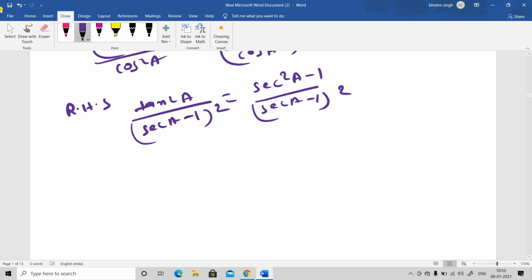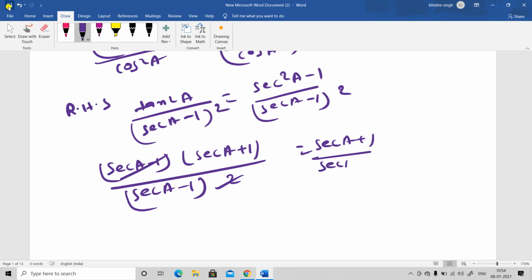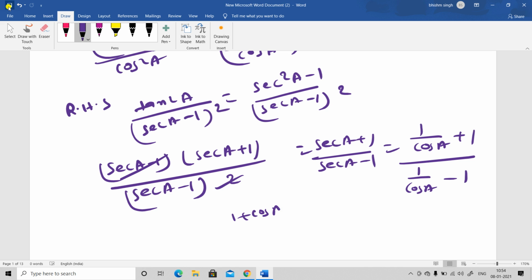So what I will do in this one: sec a minus 1 times sec a plus 1, divided by sec a minus 1 whole square. This is gone here, and we get sec a plus 1 divided by sec a minus 1. Now very simple, this is 1 by cos a plus 1, 1 by cos a minus 1, that is 1 plus cos a and 1 minus cos a.